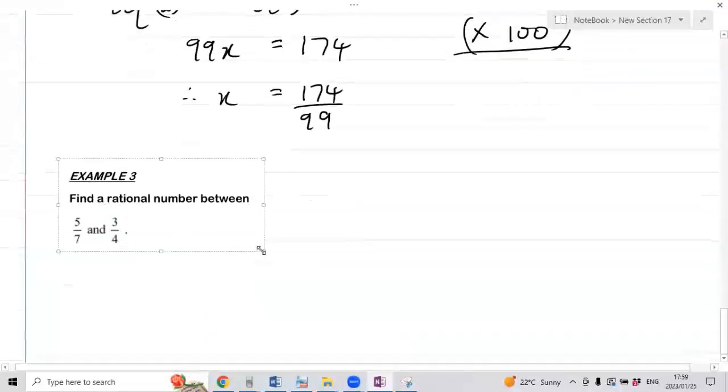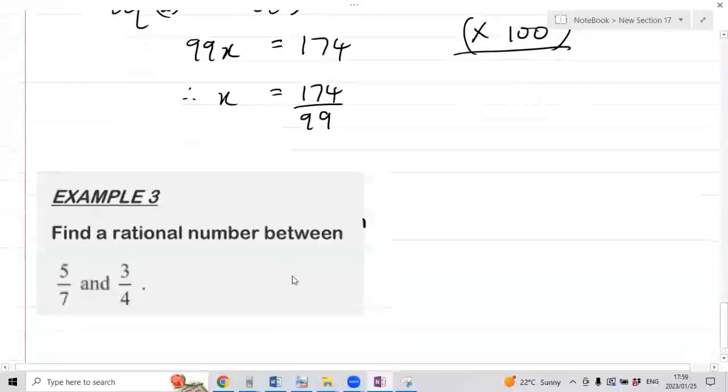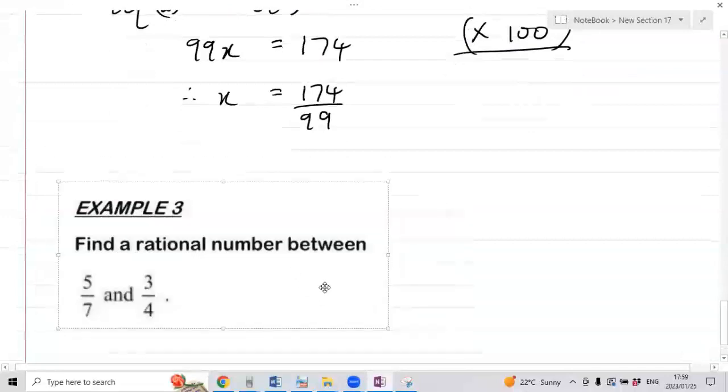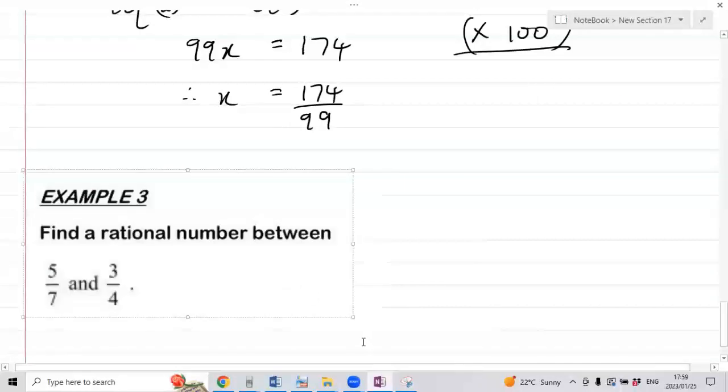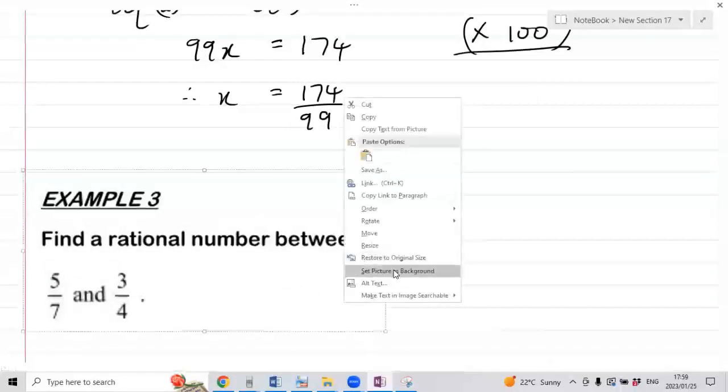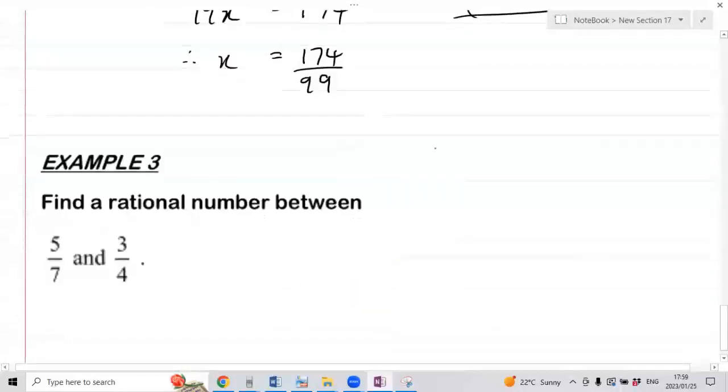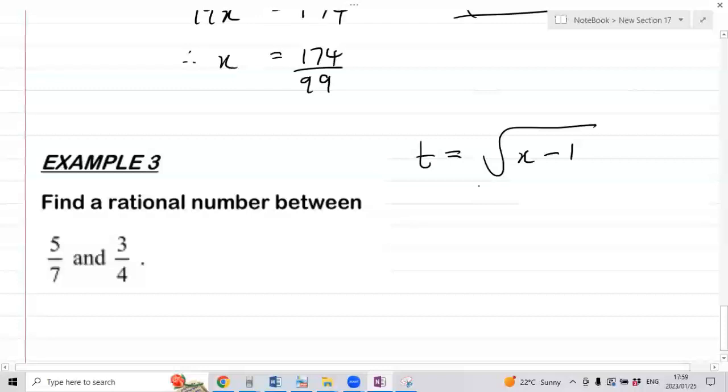Before I move on to this particular example, I'm just thinking of another example of how I can test you in the exam with the theory that I just discussed. So what if I had something like, let t equal the square root of x minus 1, all over x minus 2.